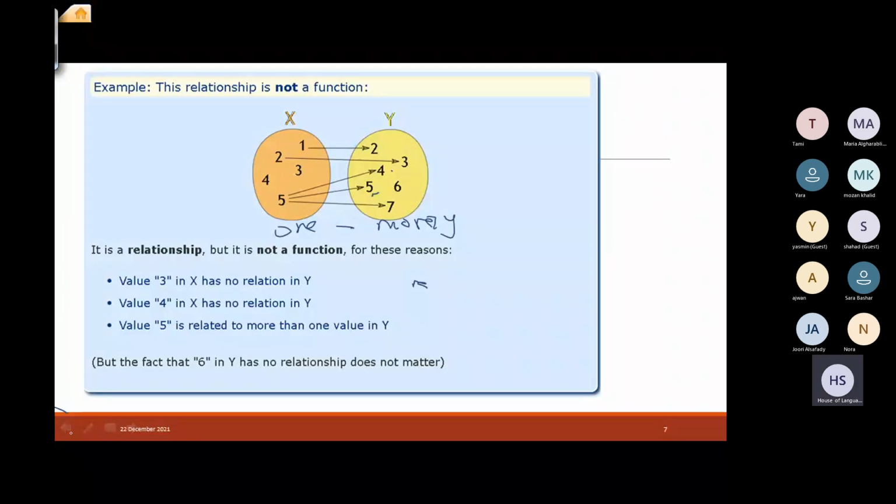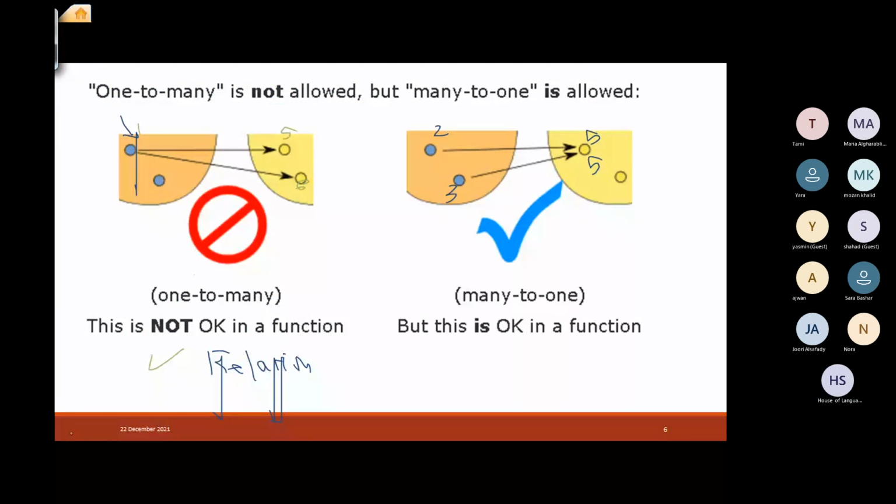But look here. The input can. Yes. But here, this input, where is the output? The yellow one. This input, where is the output? It means I have 1 with 1. So this is a function.